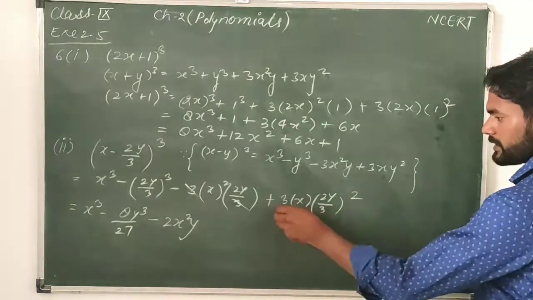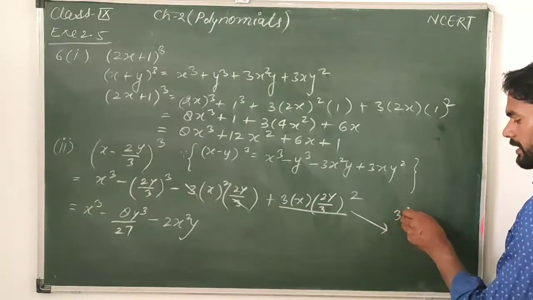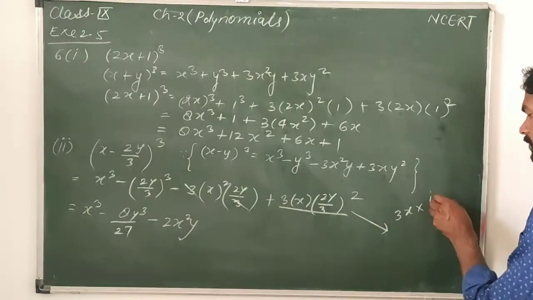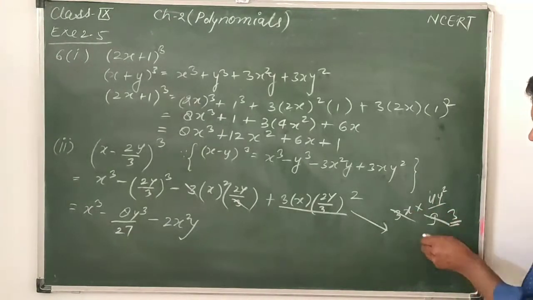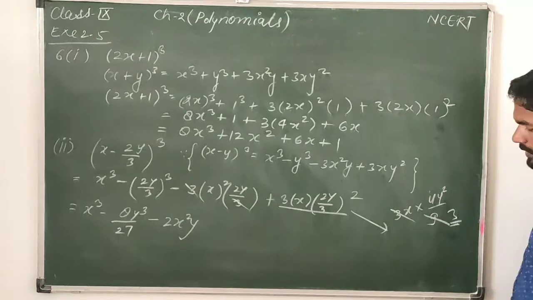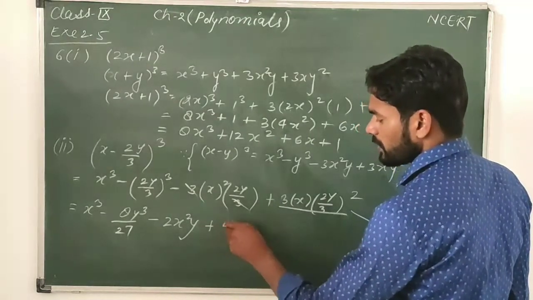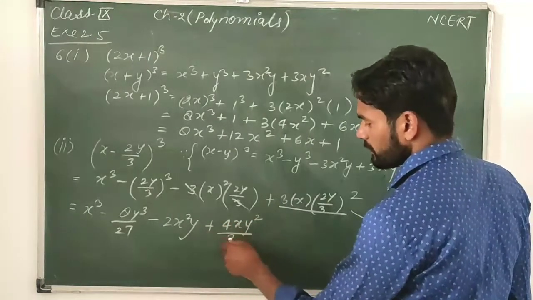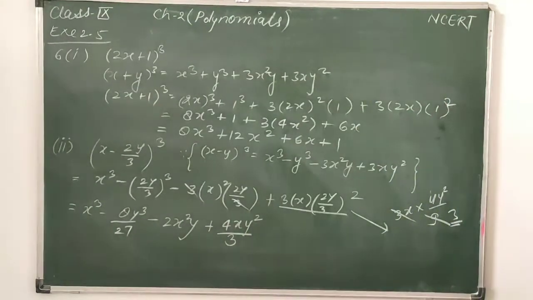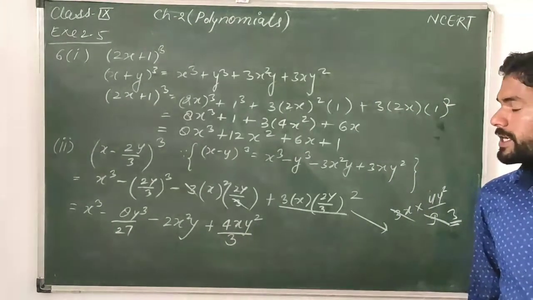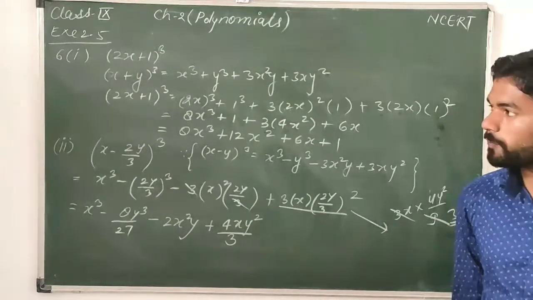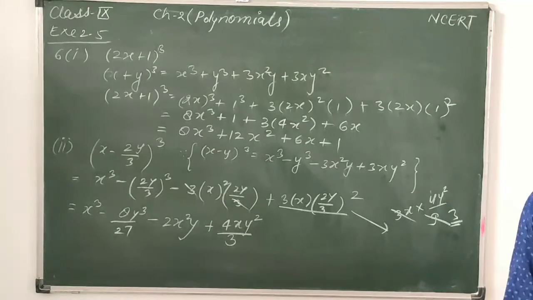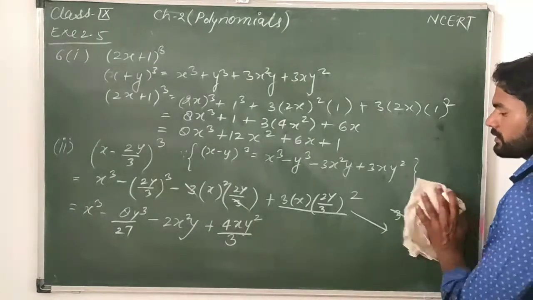It will be written like this. I am writing this step here: 3x into 4y square upon 9. Then 3 threes are, so 4xy square upon 3. Since it is the answer of part first, two parts are remaining of this question, and you will solve the remaining parts yourself.